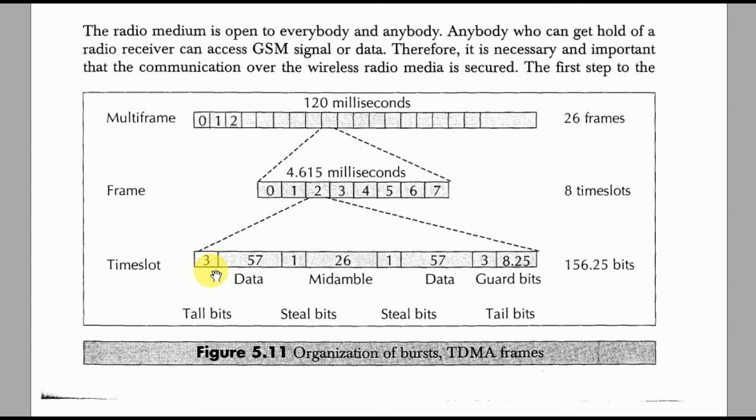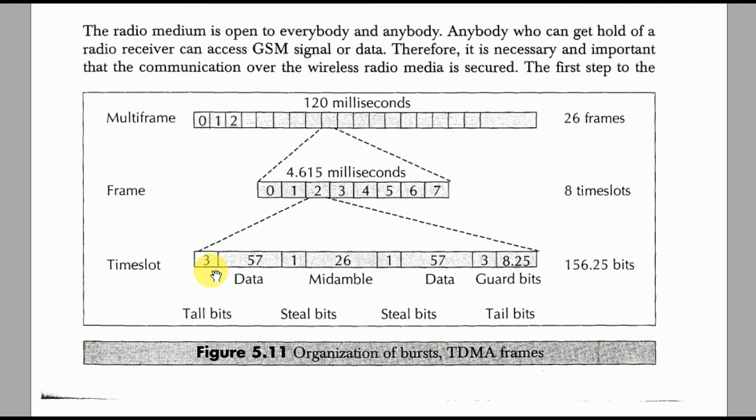Then the next 57 bits are data. This is the actual information to be transmitted. Out of 156.25 bits, 114 are information bearing bits that are transmitted as two 57 bit sequences close to the beginning and end of the time slot.